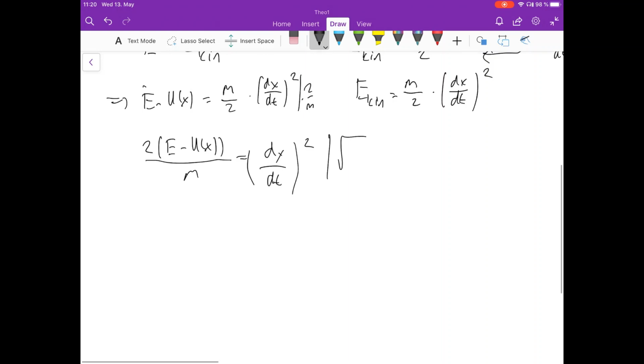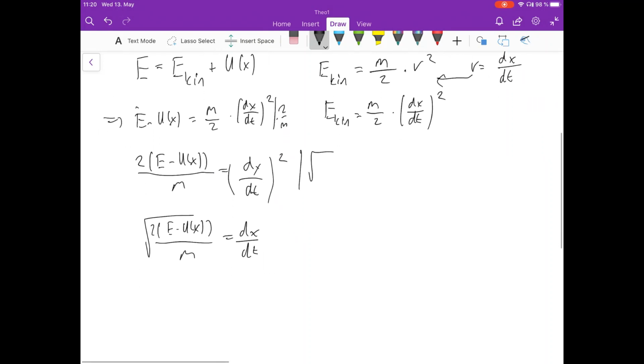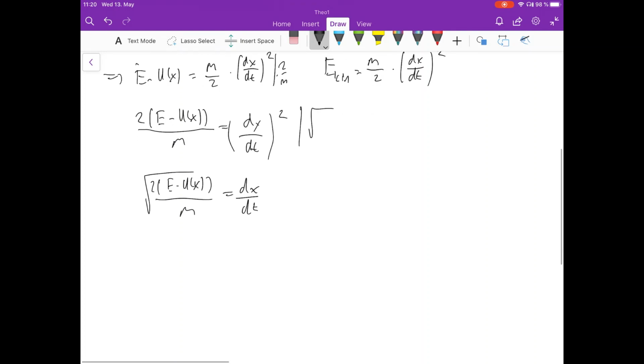So I can take the square root of both sides, and it's going to be the square root of 2 times (E minus U(x)) divided by m equals dx/dt. So this is our velocity. But we were looking for our period, so let's do the integration.